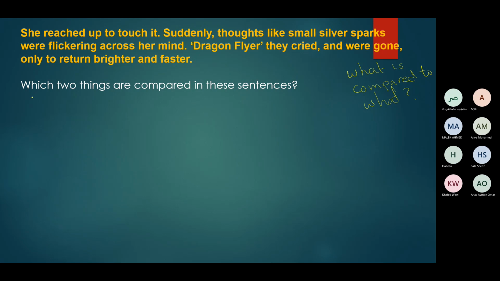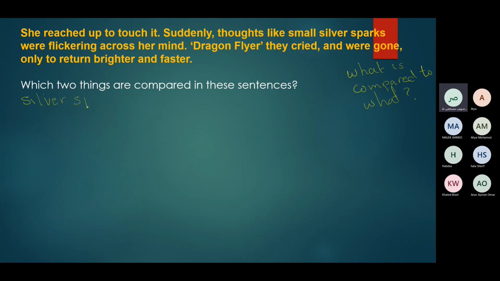Here, like silver spark and brighter? No, no. Sparks and thoughts.